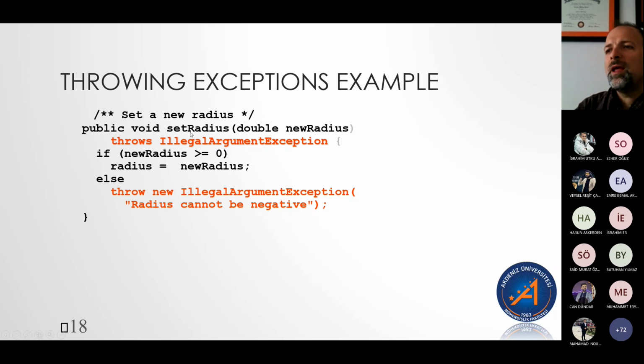So here, by throwing an illegal argument exception, by throwing an exception instead of displaying something to the screen or doing something else, not only does it not require me to return a value from this method, so this is a void method, so it doesn't return a value anyway, but what we'll see in a moment is that we won't have to return a value.